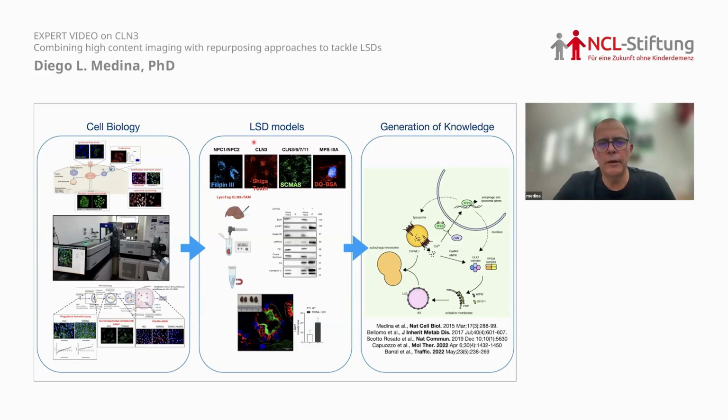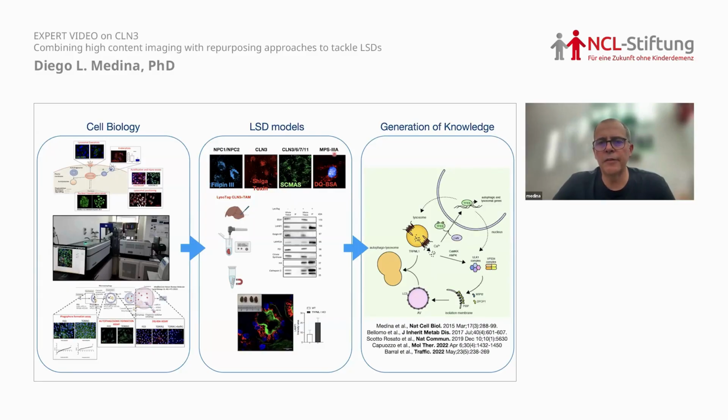Here in the middle panel, you can see several models of lysosomal storage disorders such as Niemann-Pick-C1, Niemann-Pick-C2, CLN3, CLN6, 7, 11, and mucopolysaccharidosis type 3A, all of which accumulate specific substrates within the lysosome, such as Filipin 3A that stains cholesterol accumulation in Niemann-Pick-C1 and 2 disease, Shiga toxin reporter that can specifically label globotriaosylceramide that accumulates in Batten disease such as CLN3, and the subunit C of mitochondrial ATP synthase, SCMAS, that accumulates within the lysosome of various Batten disease models.